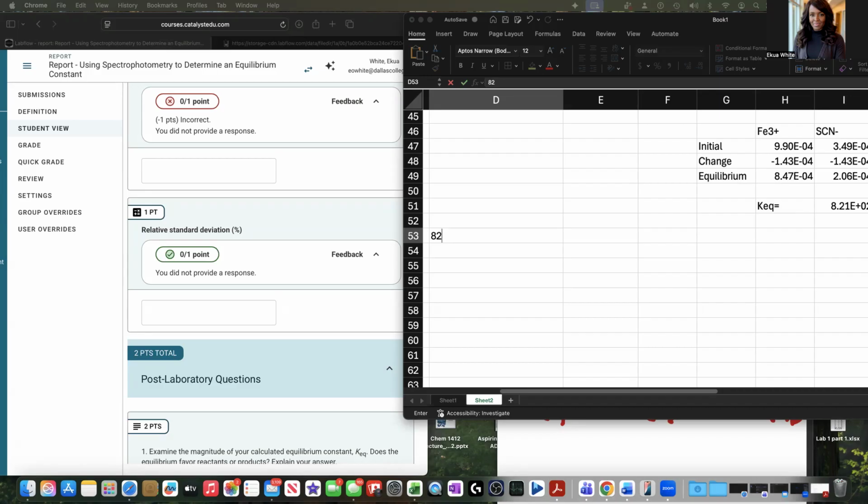Oh, you can do it in Excel? Wait a minute. Standard deviation in Excel. To calculate standard deviation in Excel, use standard deviation for, like how though? Oh, I don't want to see a whole video.